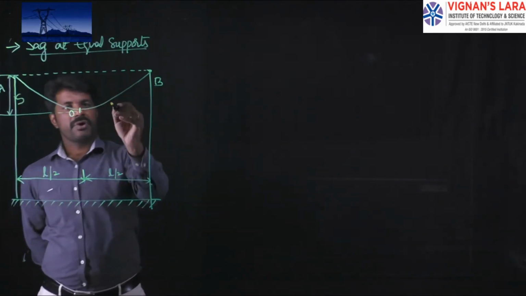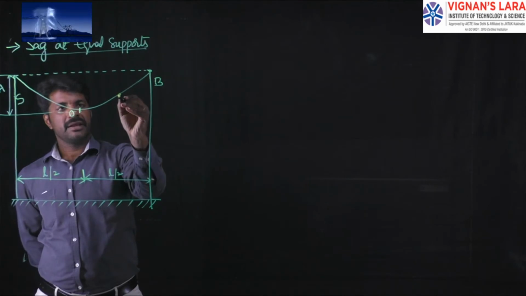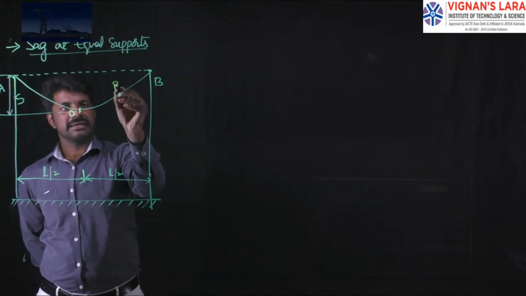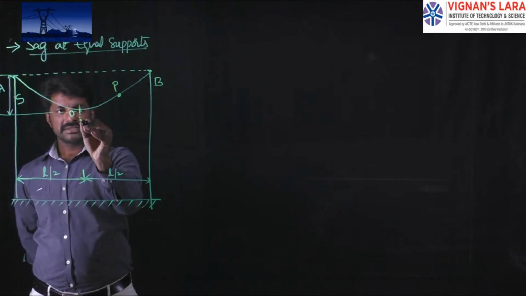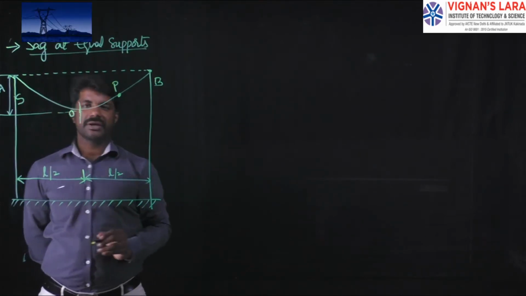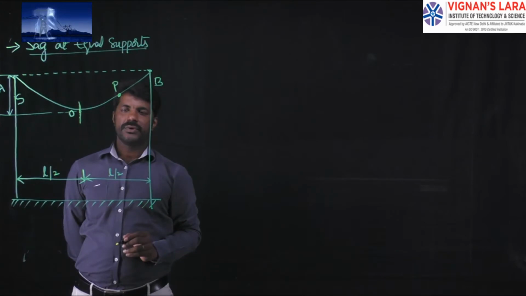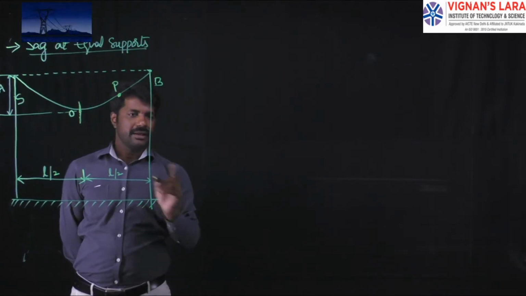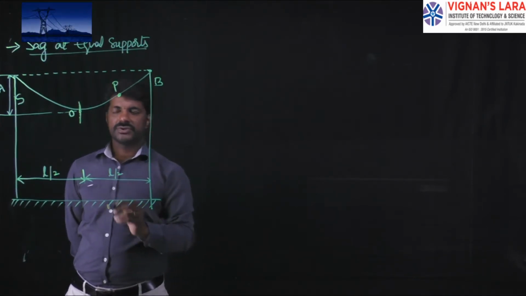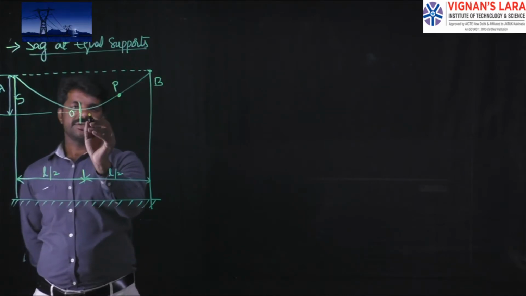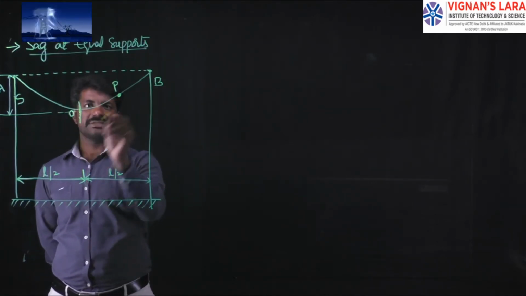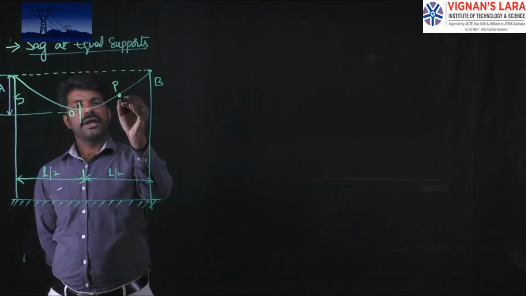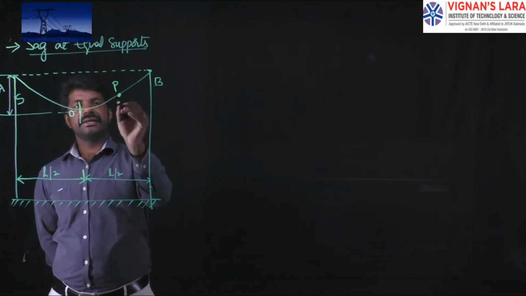Let me take a point P on the conductor, and we assume that the lowest point of the conductor is the origin for our calculation in the two-dimensional plane, with an x-axis and y-axis. So in a 2D plane, O, the lowest point of the conductor, acts as the origin, and P is the point taken on the conductor.